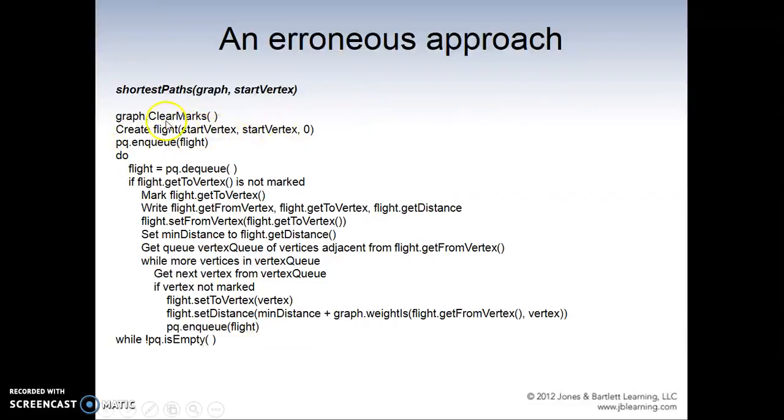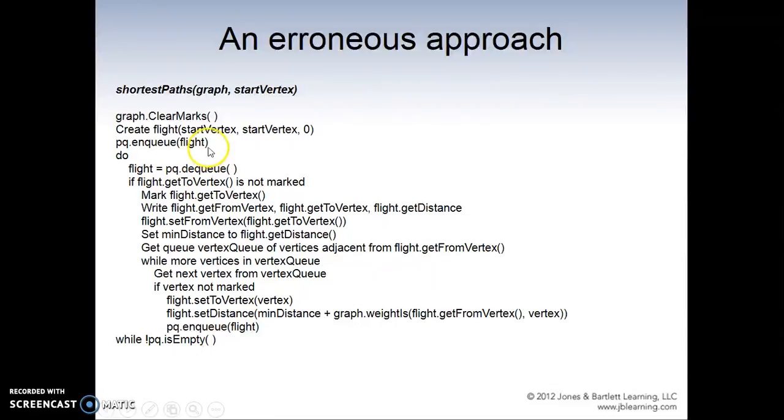I see. Like this should be start and end, right? Let's see what it is. So we start to NQ the flight. So DQ, get to vertex, is not marked. So we start to DQ.